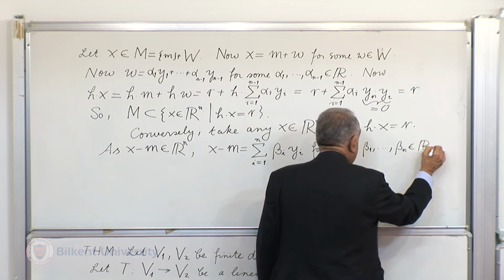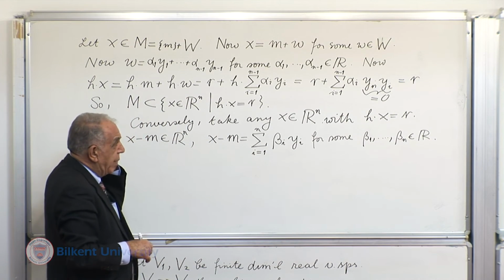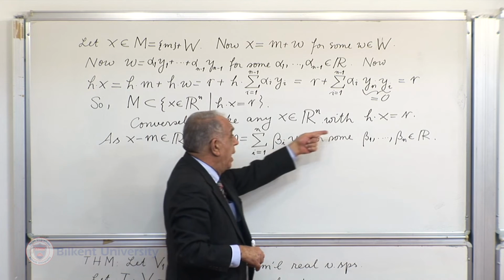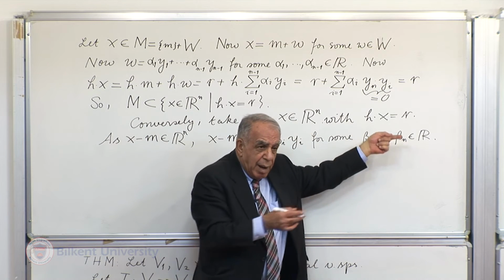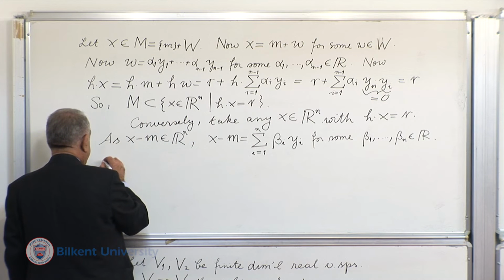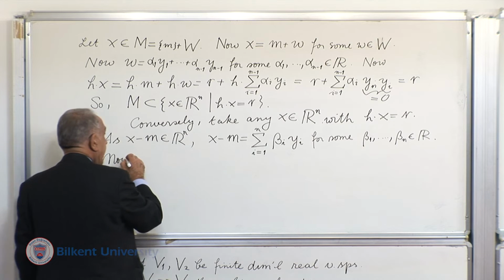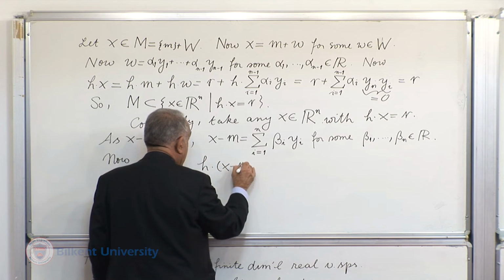in R. Well, what do we know? x is in Rn, but it has this property. So, well, somehow we have to use this. Now, h dot x minus m.